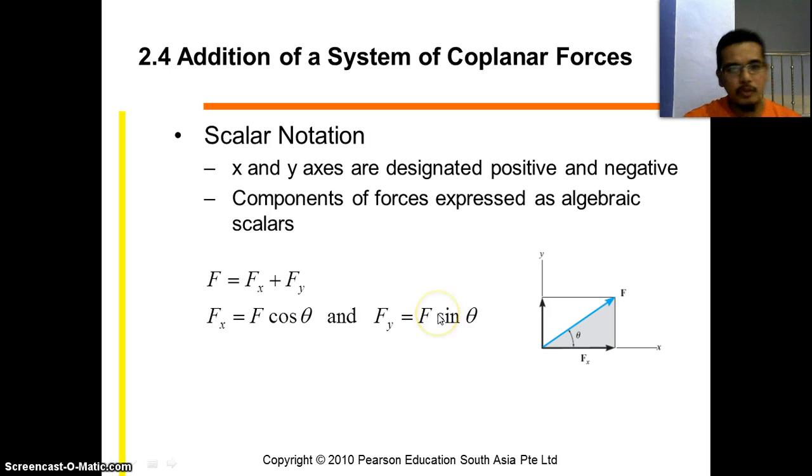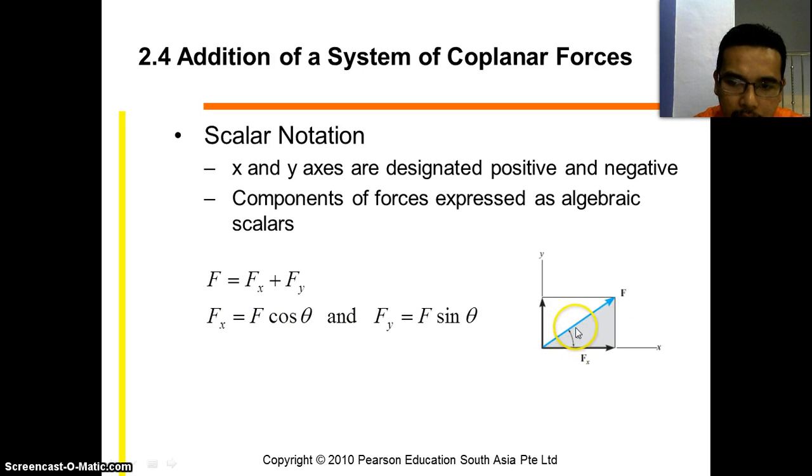So how do we add the forces when we have more than two forces? We can use this method. For example, this force is a vector. This force is at an angle from this point to this point, for example 100 Newton or whatever.